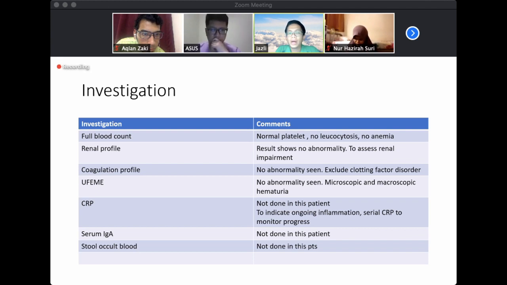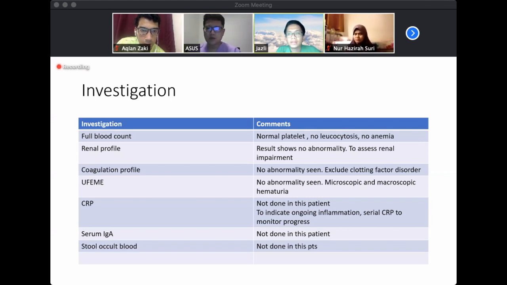However, if the patient also comes with complications such as GI symptoms, I will need to administer prednisolone to reduce the symptoms. What GI complication can occur in HSP?